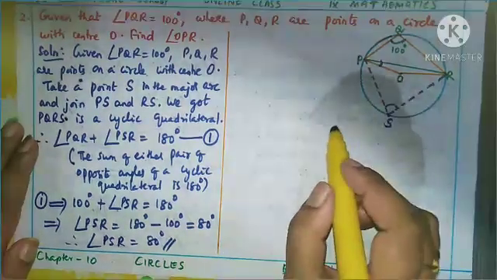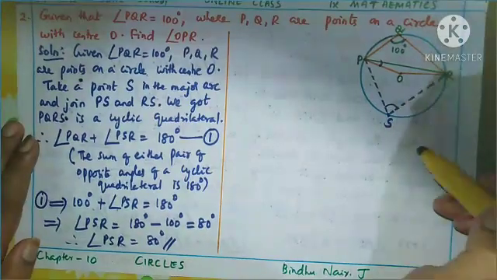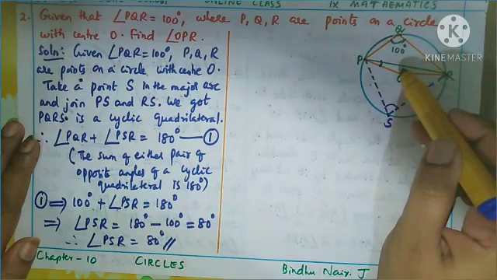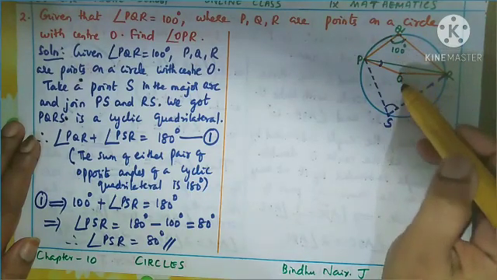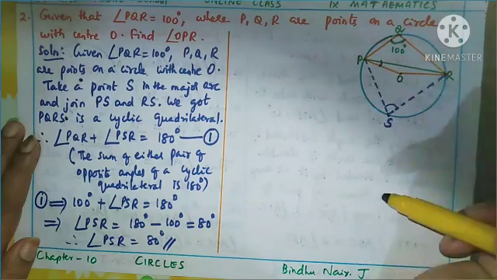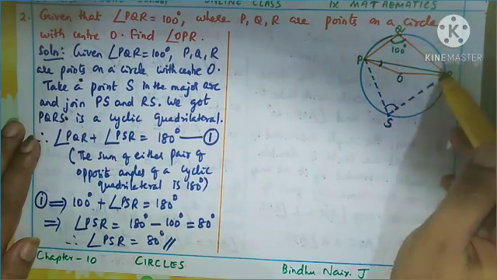Now, using another theorem, the first theorem we studied, the angle at the center is double the angle that is subtended at any point on the remaining part of the circle. So what is the center angle here? It is POR.